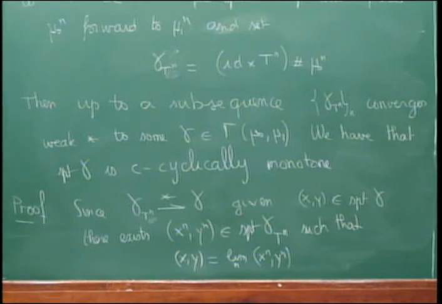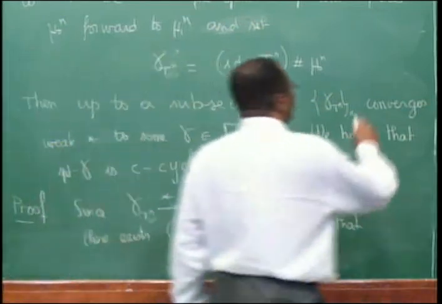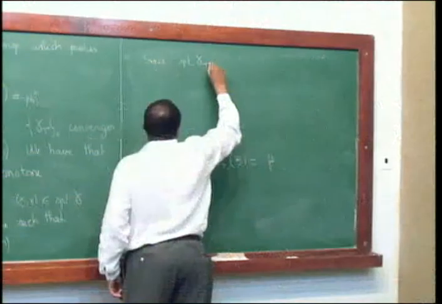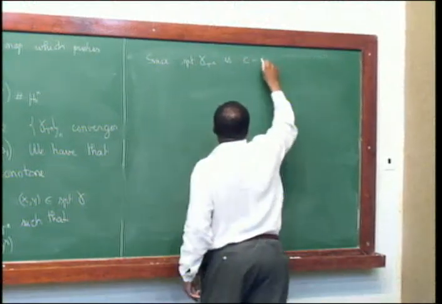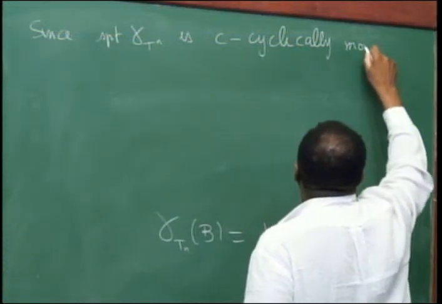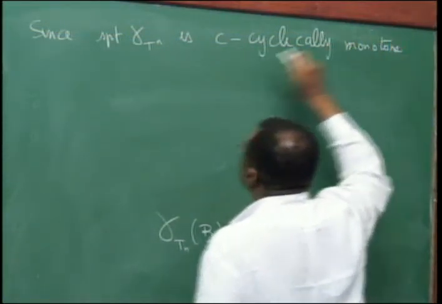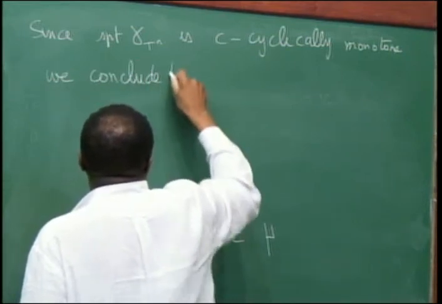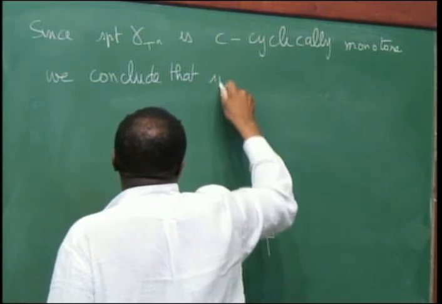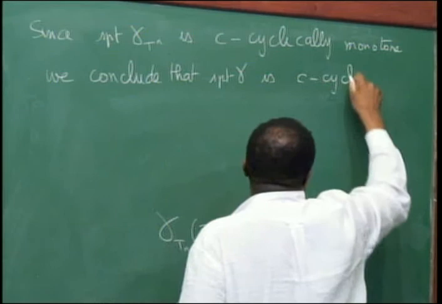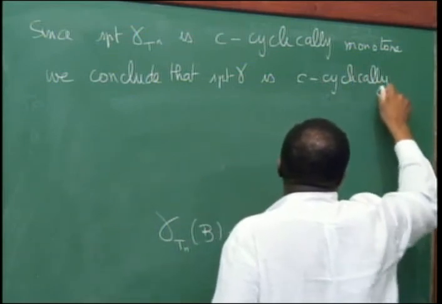Okay, so this is homework assignment number 1. Since the support of gamma Tn is c-cyclically monotone, we conclude that the support of gamma is c-cyclically monotone.